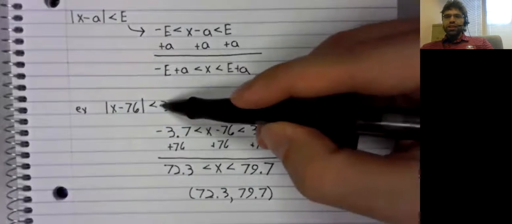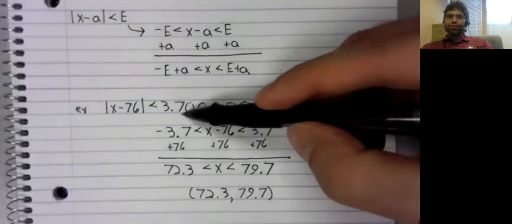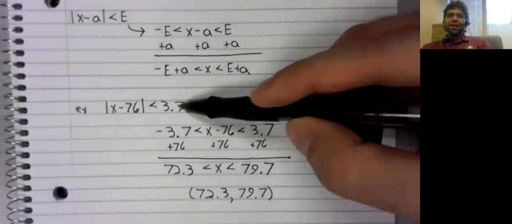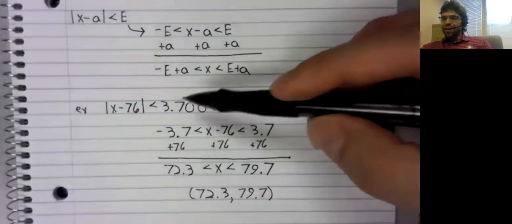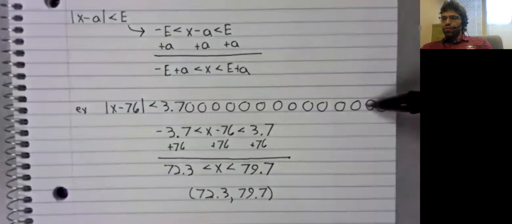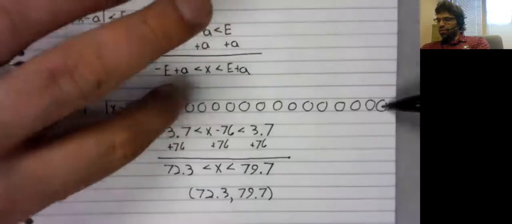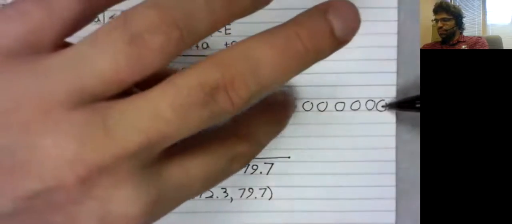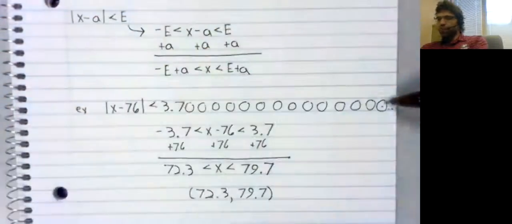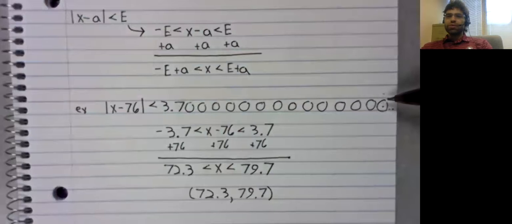So actually equaling 3.7 is a heck of a task if you're off by even one decimal out here in the 15th decimal place.